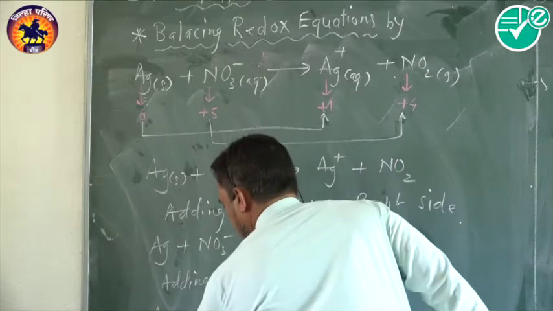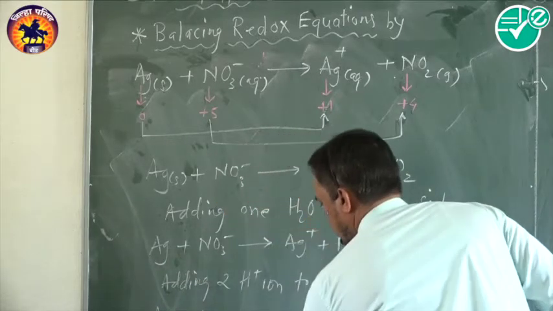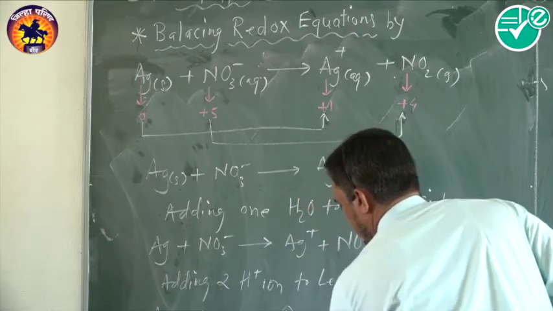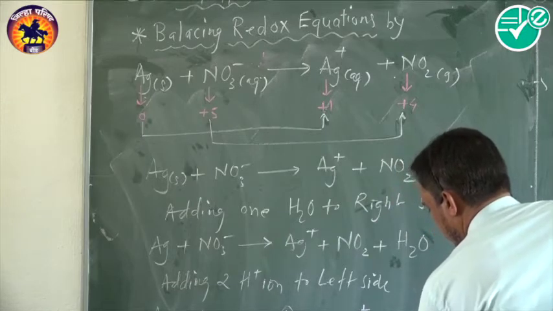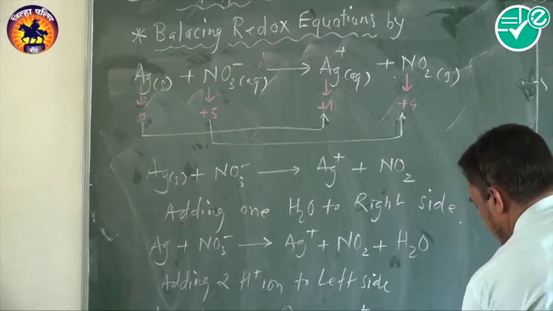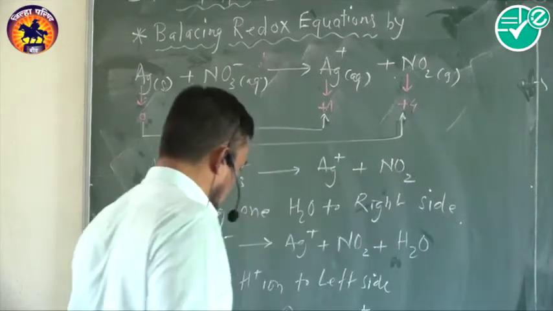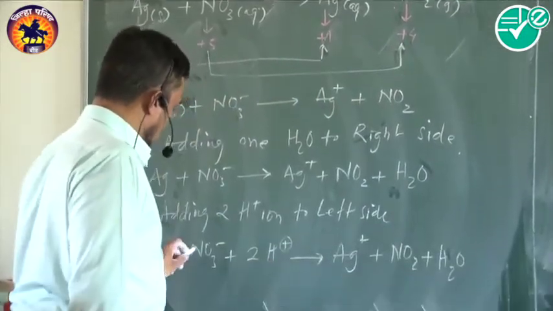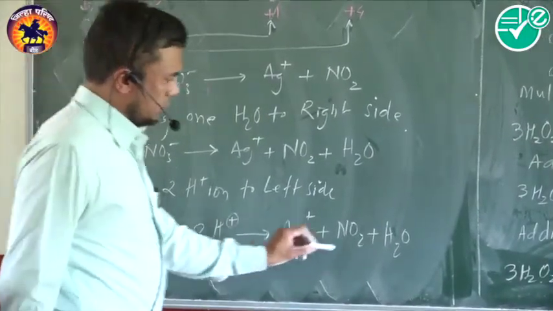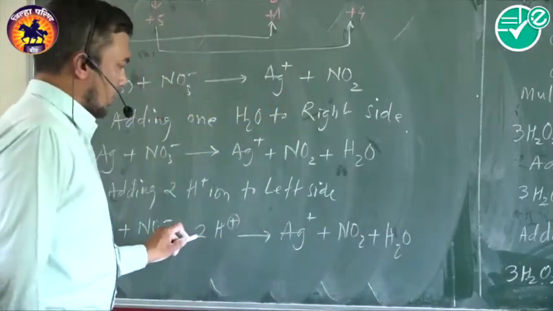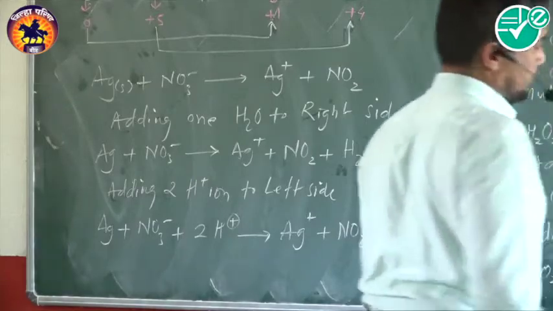Silver plus nitrate ion plus 2H plus ion is equal to silver ion plus NO2 plus H2O. Check whether all are balanced or not. Silver 1 atom, here 1. Nitrogen, okay. Oxygen, 3 oxygen, here 3 oxygen. Hydrogen, 2 here, and 2 hydrogen here. Now this is the balanced equation.